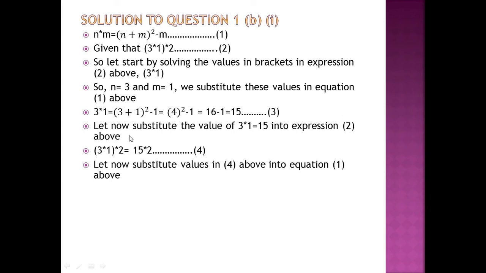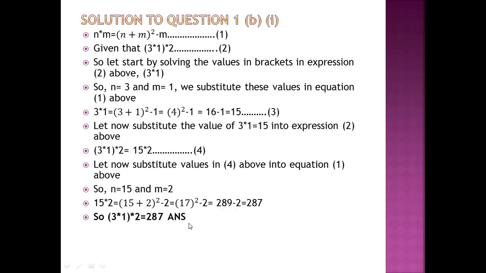When you plug the new value into equation 1, n is going to be 15 and m is 2. So n plus m squared minus m is 15 plus 2 squared minus 2. On manipulation, we have 287. So 287 is going to be the answer for 3 star 1 bracket star 2.